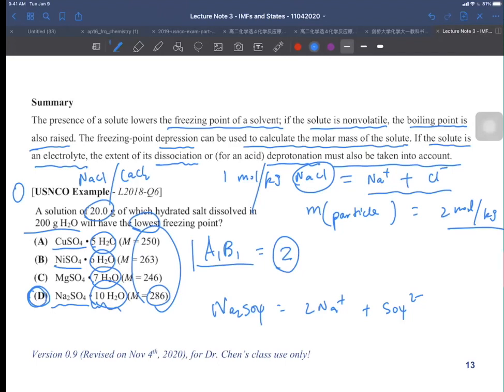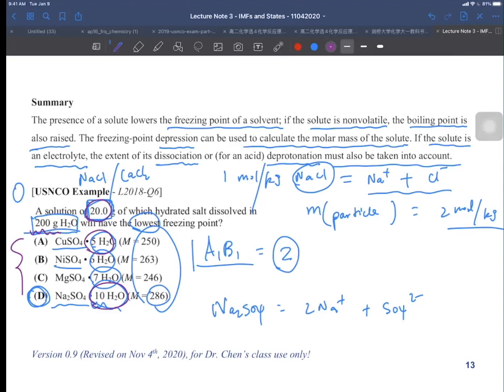Mm-hmm. But as I mentioned, in total, there's only 20 grams of salts, but there is 200 grams of water. So although they give a different amount of water added to the 200 grams, considering the total mass of all of those solids is 1/10 of the mass of the water, it is definitely negligible, right?